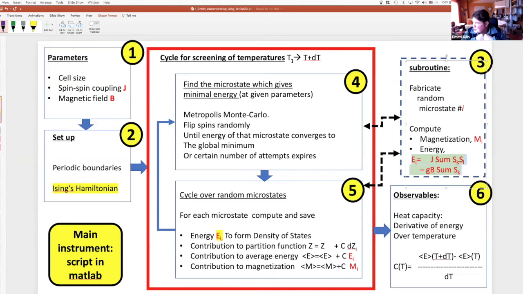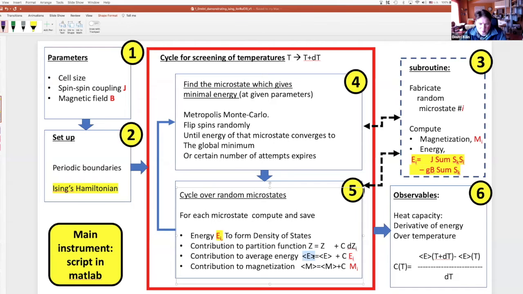range of procedures repeated, and the goal of these procedures inside the cycle for temperatures is to compute the total energy of the system at a given temperature. So, bring in contributions from all microstates.